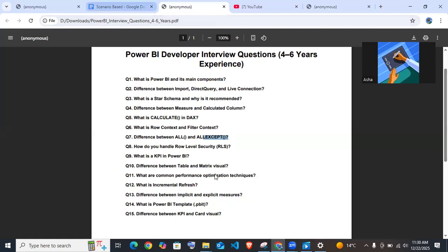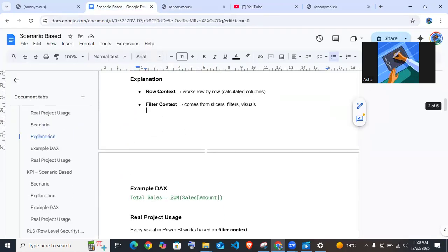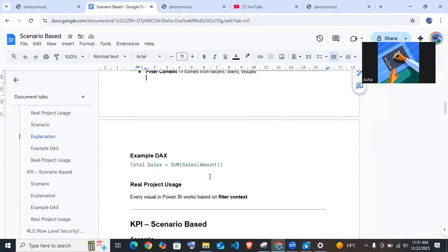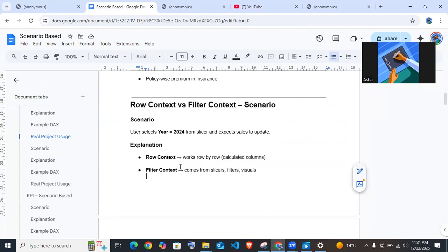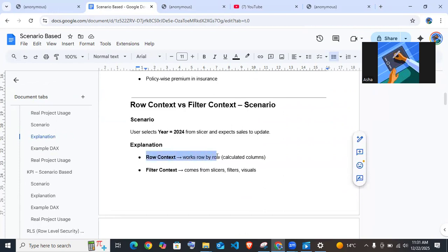So specified column means only that column is not filtered that you are using in this calculation with all expect. Okay, let me show the example. I created for you that one also. See, so row contains row by row, and this is the calculated column. Okay, that means we are creating calculation in transform data.